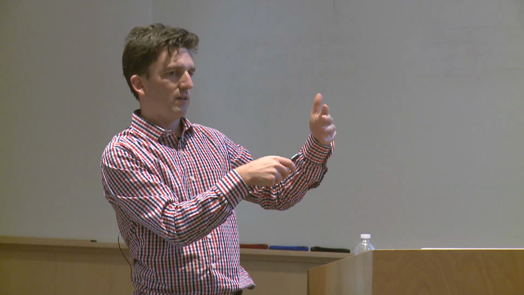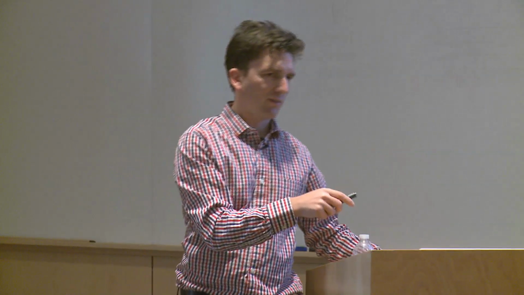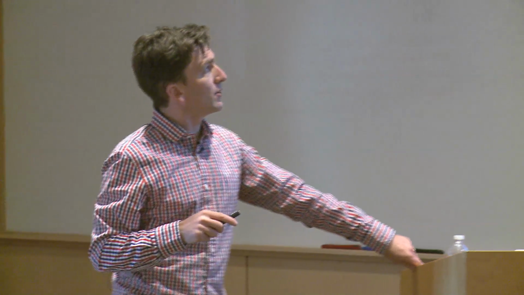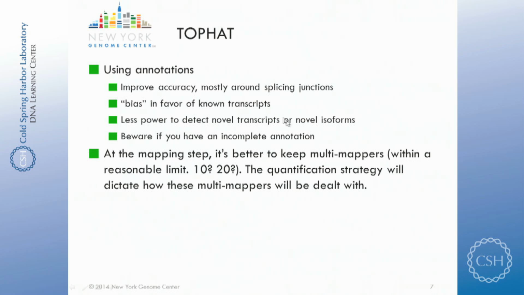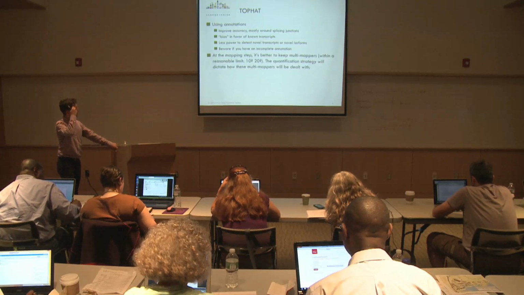You create a transcriptome.fasta, but you don't do that. The algorithm does it, so you don't have to worry. Using annotation improves accuracy mostly around splicing junctions. It biases in favor of known transcripts, but there's less power to detect novel transcripts or novel junctions. So that's something you have to be careful about if you have incomplete annotation or not so great annotation.